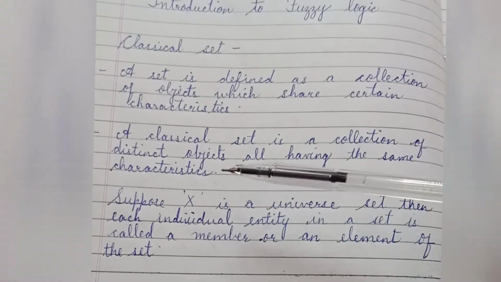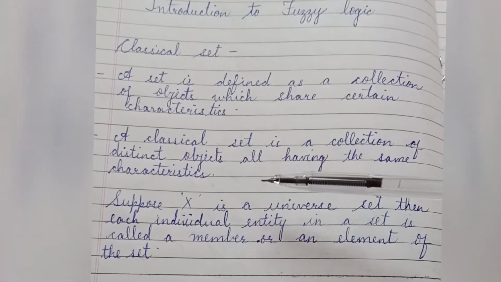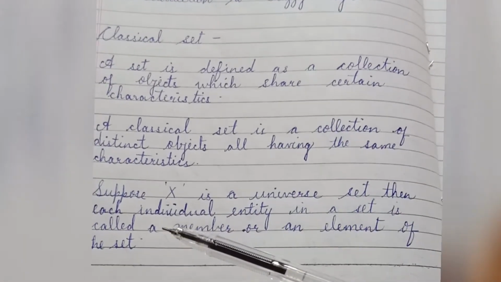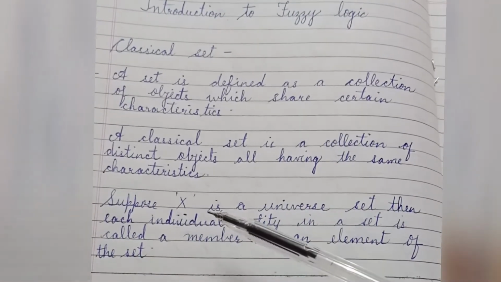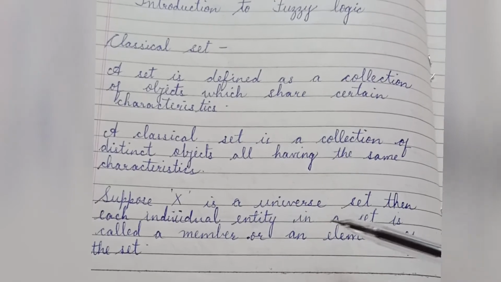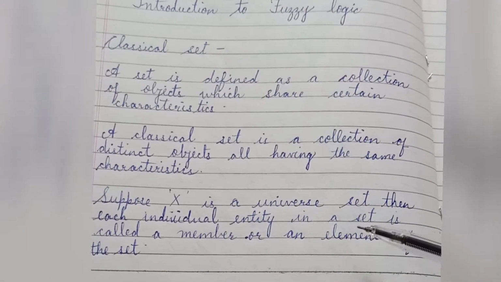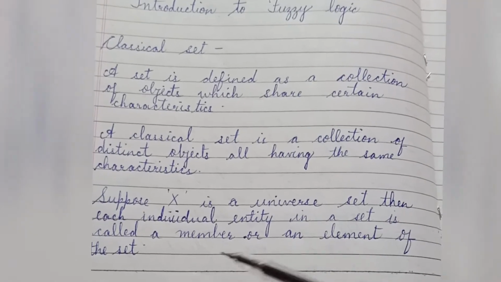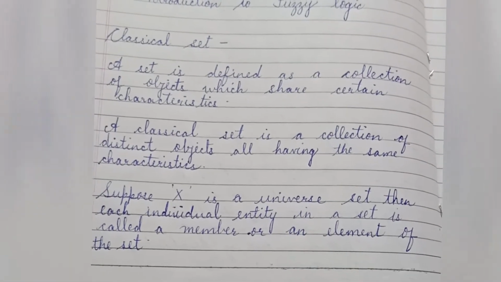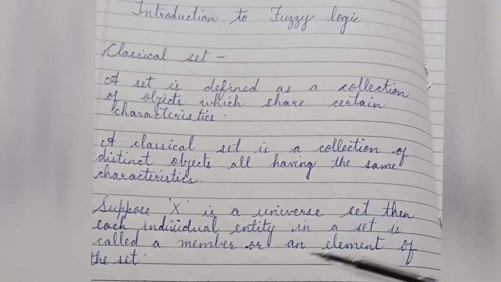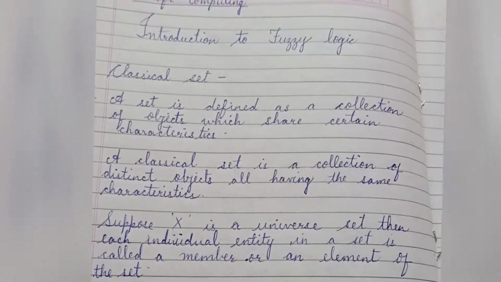That is, a classical set contains different objects having the same properties. For example, suppose X is a universe set. Each individual entity in a set is called a member or an element of the set.